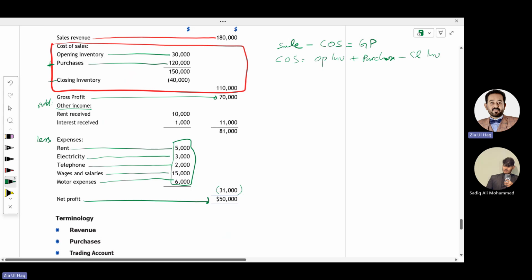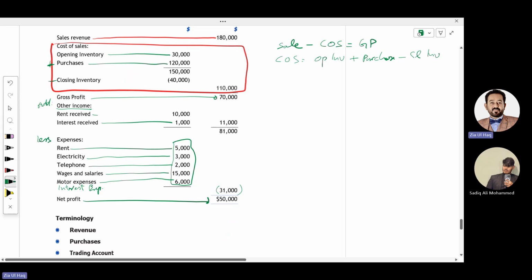So that will be called interest received income. If we are paying interest on a loan, that will be our expense, recorded here as interest expense. But if we are receiving interest from any deposit savings account, that will be our income. This income is not generated by selling inventory. That's why this will be recorded separately rather than as sales.